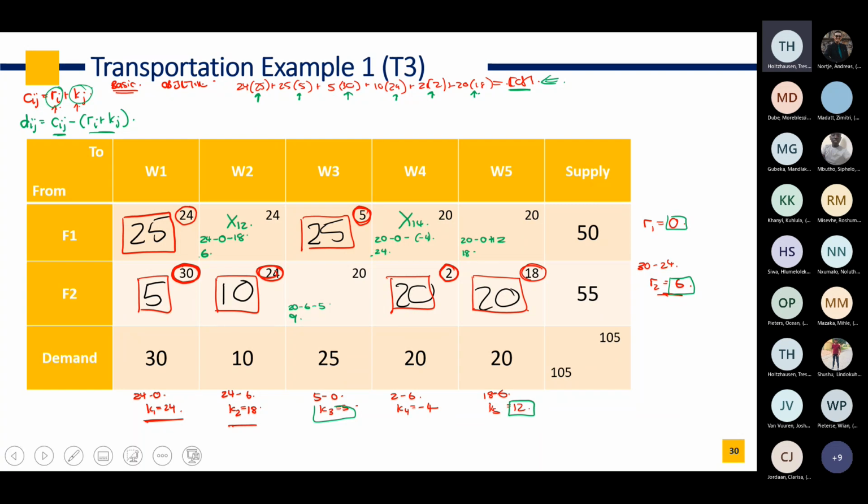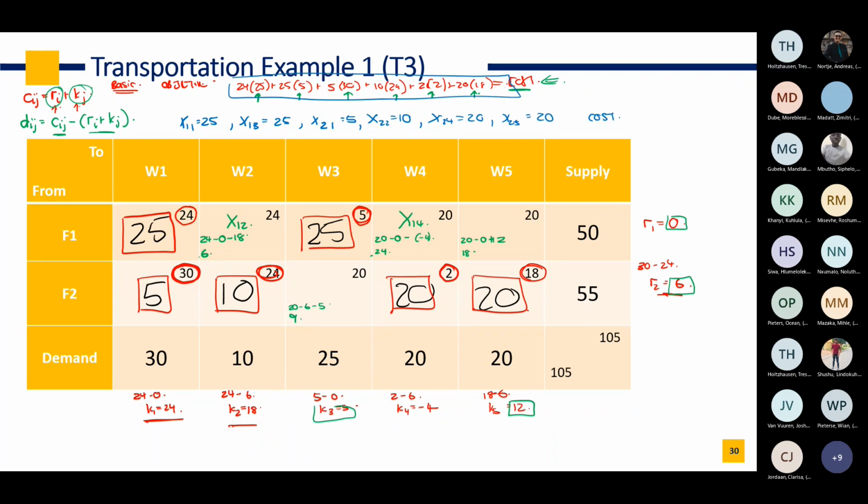The optimal is, and let's write this down, where x11 is equal to 25, x13 is equal to 25, x21 is equal to 5, x22 is equal to 10, x24 is equal to 20, x25 is equal to 20, with a cost of 1515.